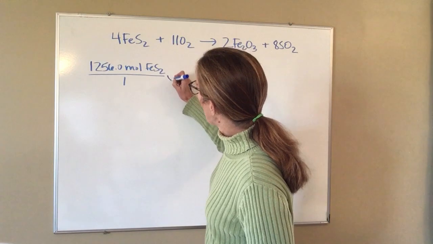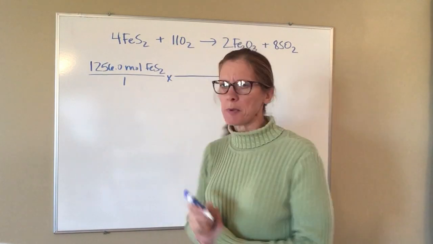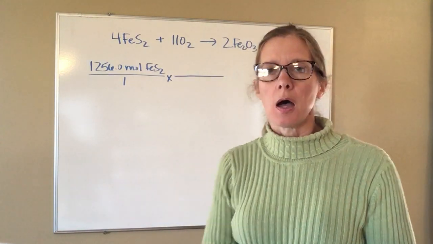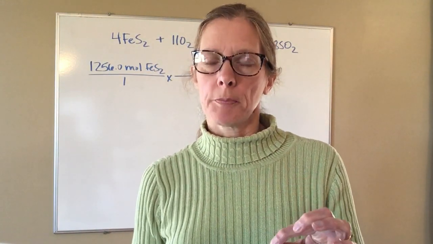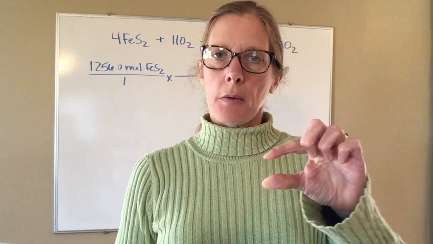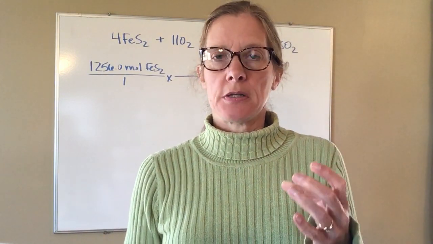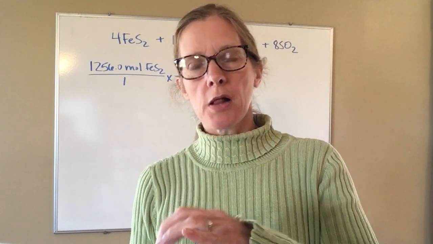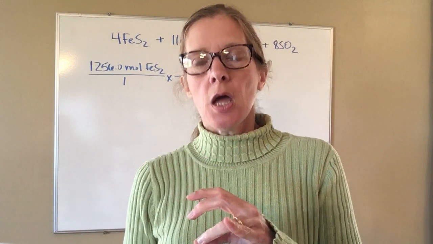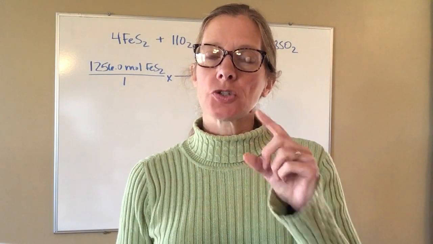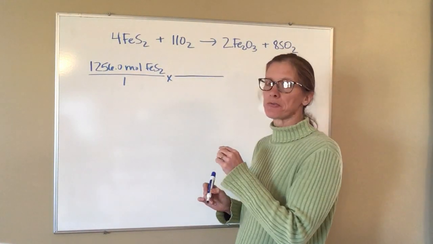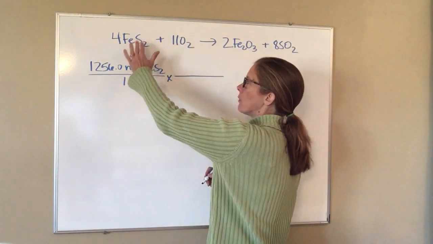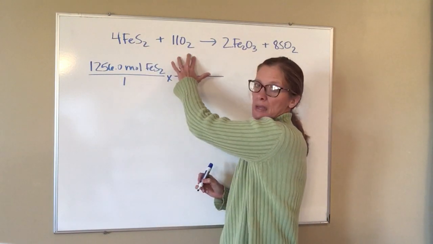Okay, now every other time that we have set up a conversion factor with moles, we have said that we always have to use the number 1 for the mole because we've been converting moles to grams, or moles to number of molecules or moles to number of atoms. So in those cases, it's always 1 mole. But this situation is different because I'm trying to find moles of one reactant to moles of the other reactant.